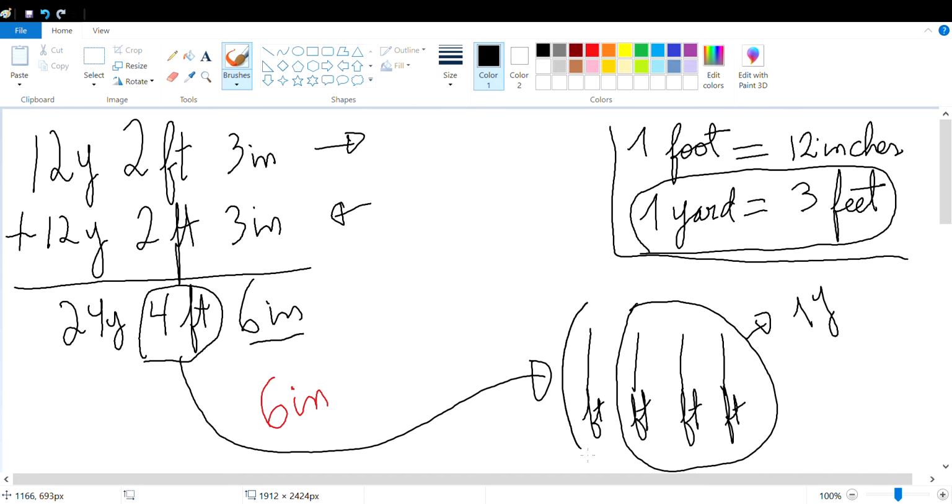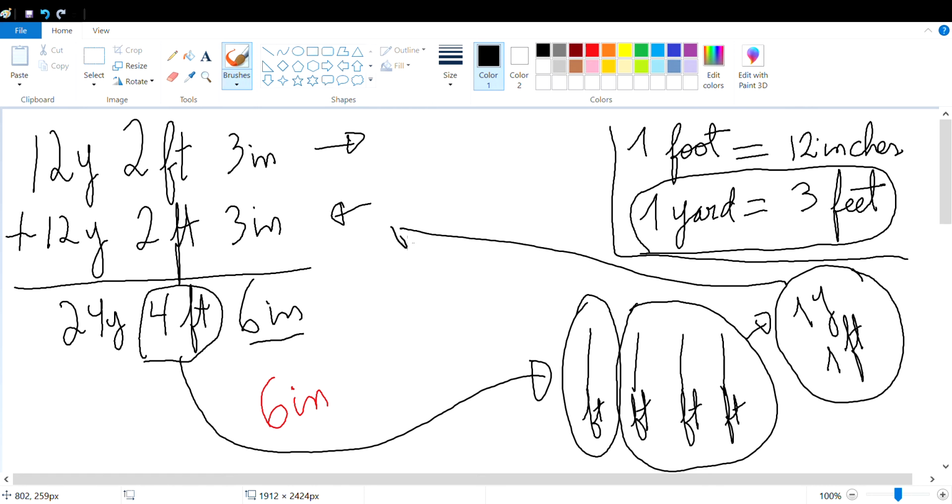And this foot is going to be next to the yard. It's going to be a leftover, or remainder, whatever you want to call it. Okay? So what do I do with this? This I move into the operation here.